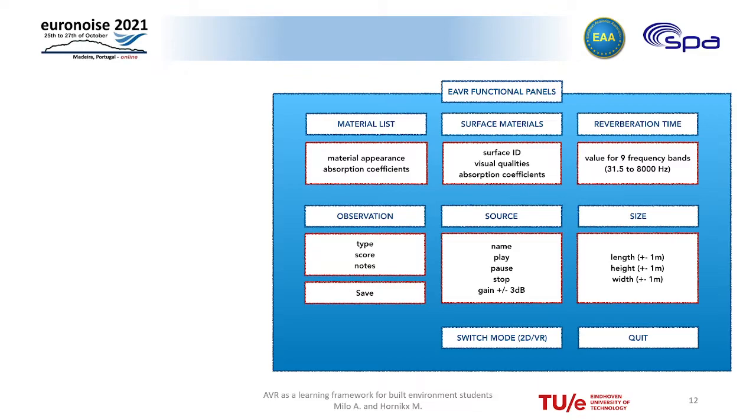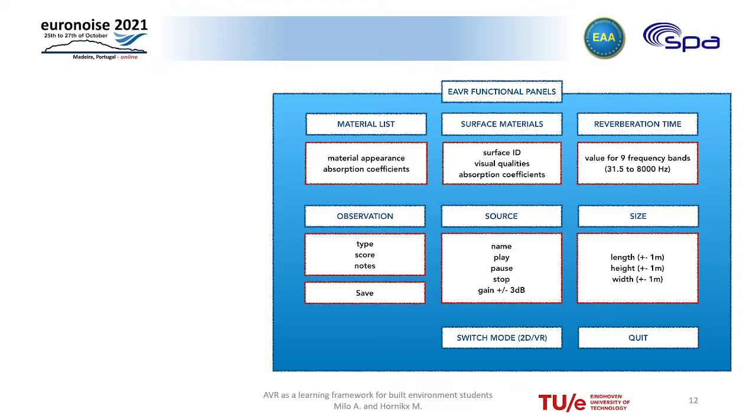We have a panel to show the current reverberation time for 9 frequency bands from 31.5 Hz to 8000 Hz. We have a panel at the bottom to create observations and to load observations, which also includes setting a score for the current state, setting notes, and saving the observations.